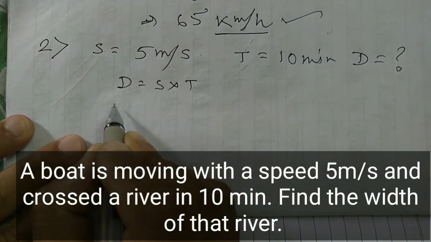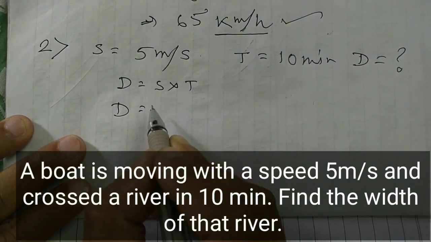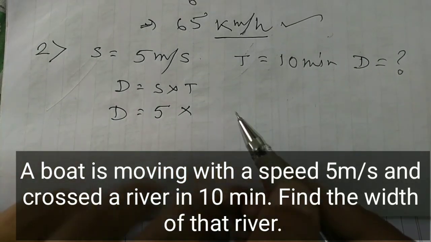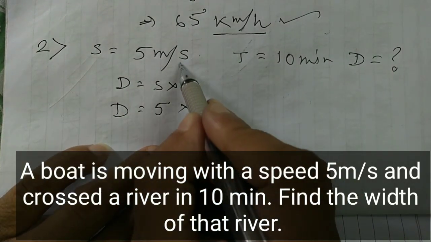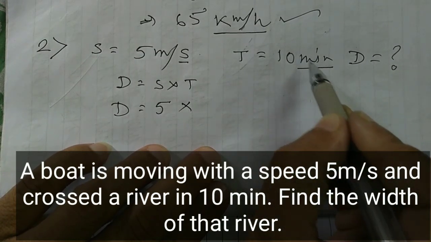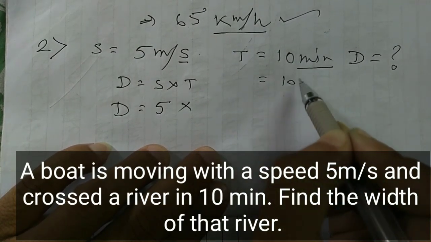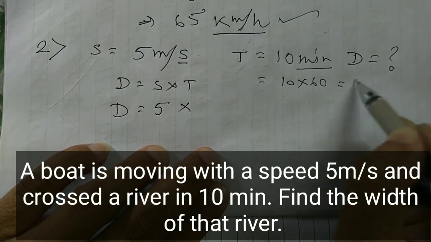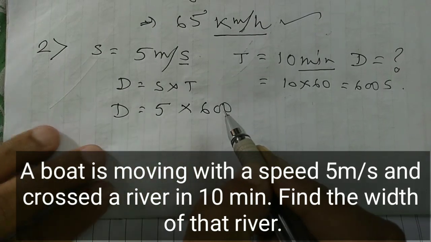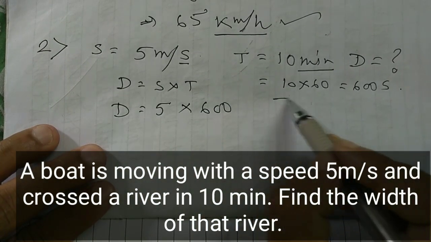What is the distance? We do not know, we have to find it. Speed is 5 meter per second into time. But we have to see here, this is second, but this is minute. So we have to convert minute into second. 10 into 60 equals 600 seconds. So we have to put 600 here. You have to remember this.